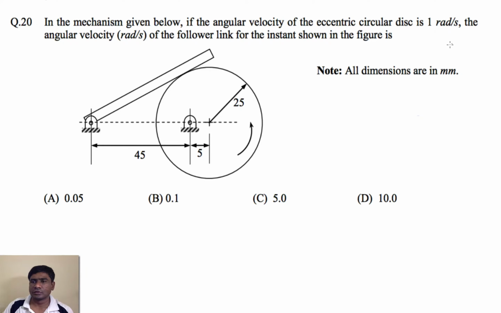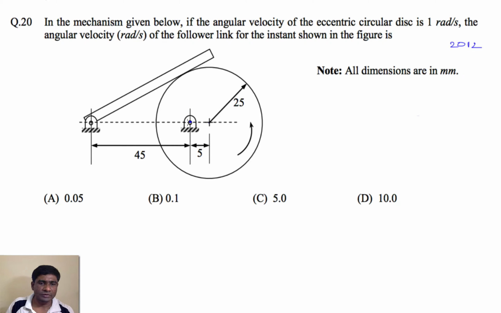This was asked in 2012, and here we have a higher pair. So far we have seen lower pairs, and this one has a higher pair. The omega of the circular disc is given, but the circular disc is not fixed at the center but is an eccentric circular disc.